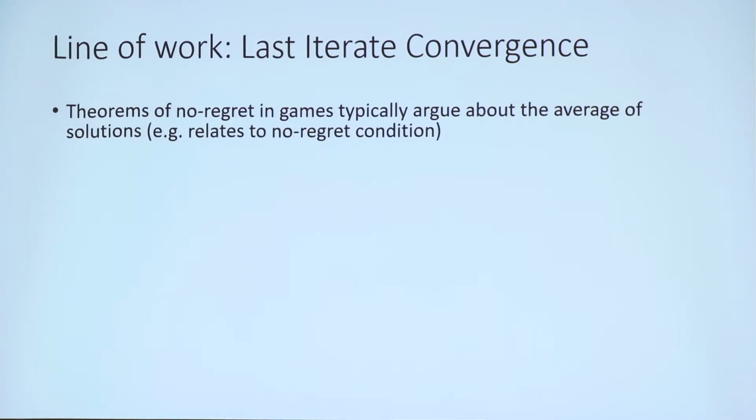That's one theoretical question that you can ask. And then you can say, okay, here is an algorithm that actually has this last iterate convergence. Let's translate what would be the analog of that algorithm for training a neural net and see how it performs in practice.